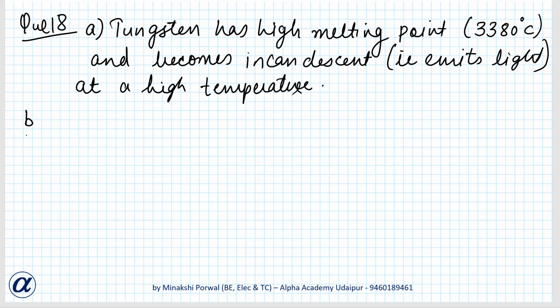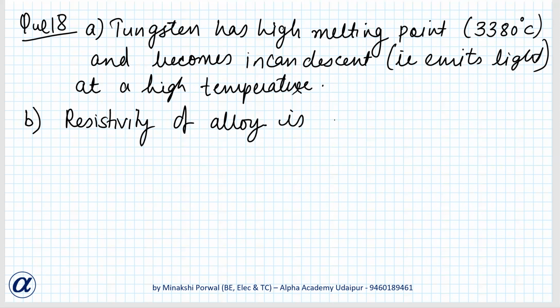Then part B. Why are conductors of electric heating devices such as toasters and electric irons made of an alloy rather than a pure metal? So the resistivity of an alloy is generally higher than that of pure metals.